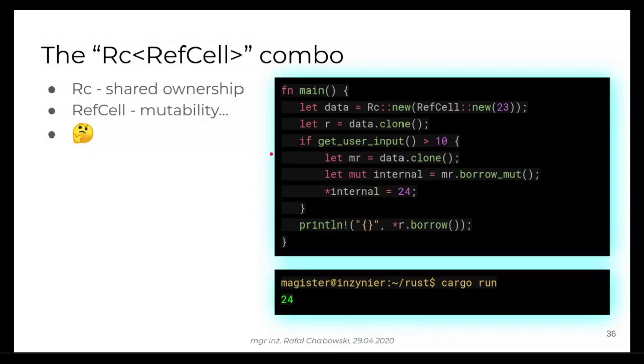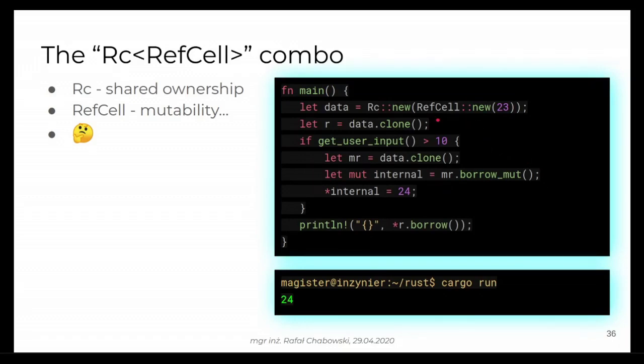From the borrow checker point of view, this code is correct. Like we never create mutable reference. We only have the regular one, but we have the reference to something that can create the mutability for us.